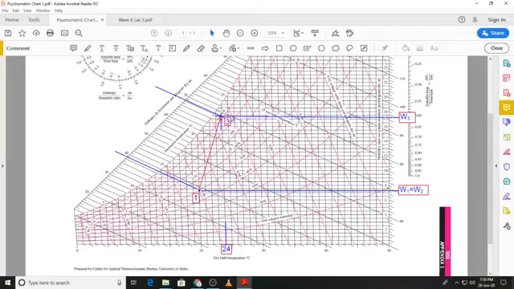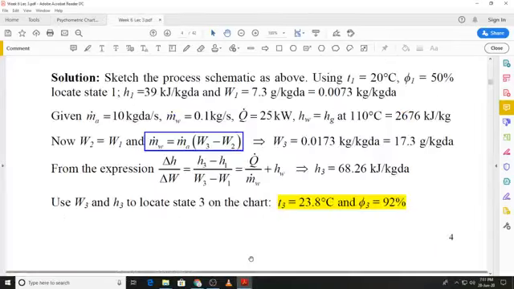Now where does state 3 lie? We do not know, because we need a second property at state 3 to locate that point on the psychrometric chart, and we can use the resulting equation that we had obtained, that is delta H by delta W. If you look at the equation, H1 is worked out, so is W1, W3 has also been worked out, Q dot is given to us, and m dot w is also given to us.